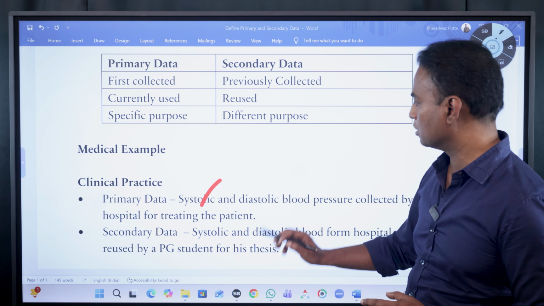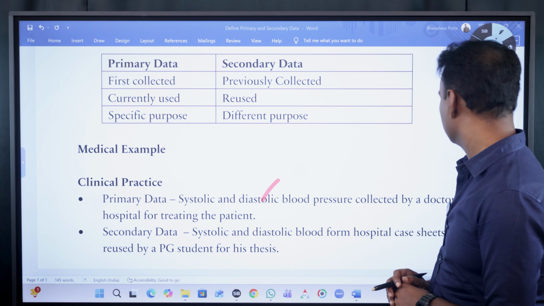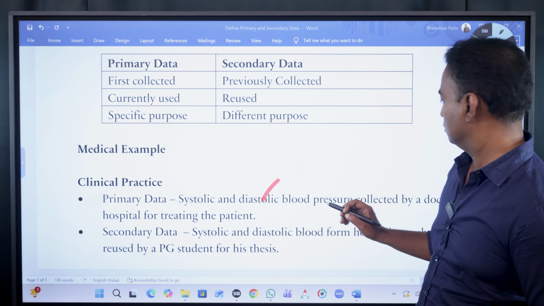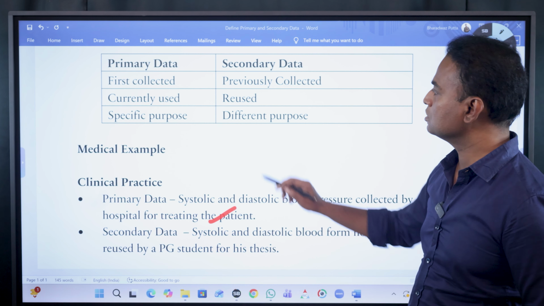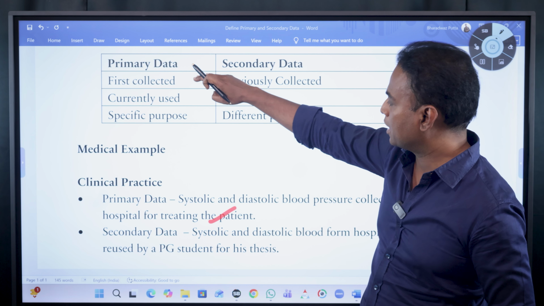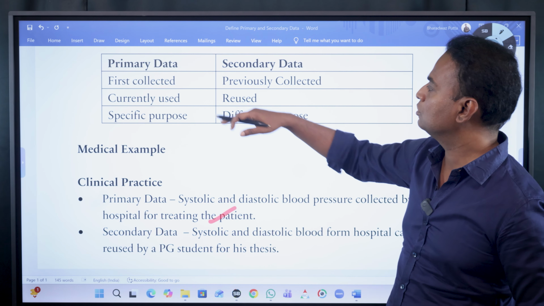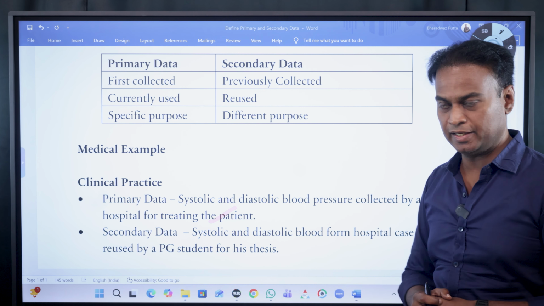He is using this data for treating the patient. What is the specific purpose? He is collecting systolic and diastolic data to treat the current patient. That is known as primary data.